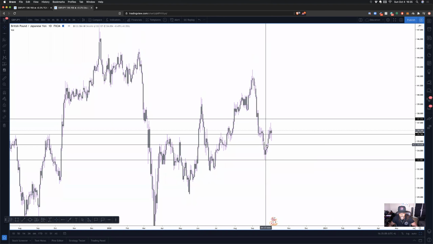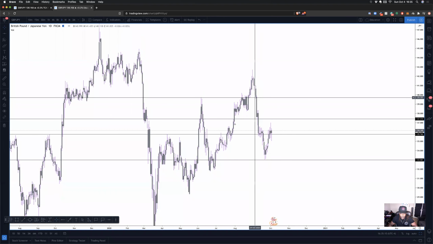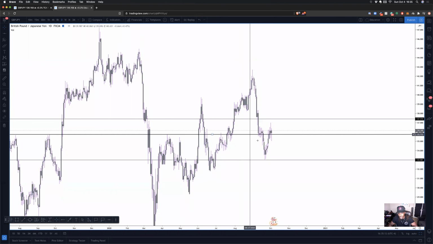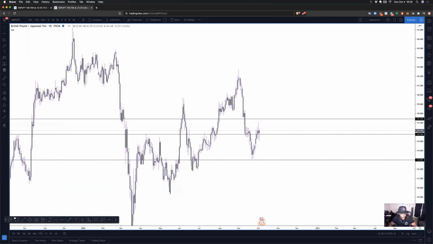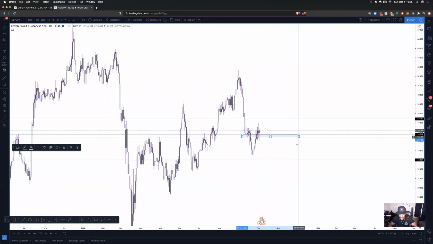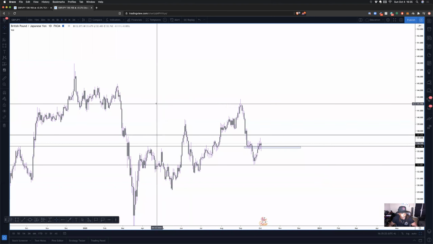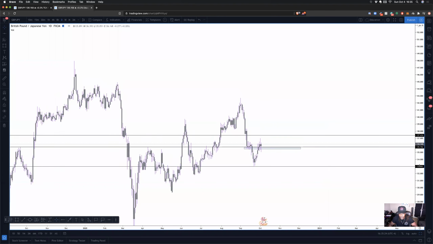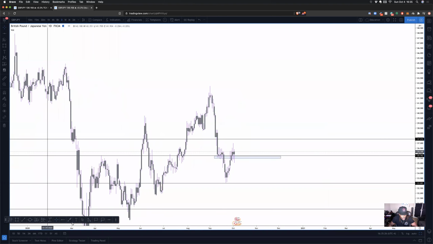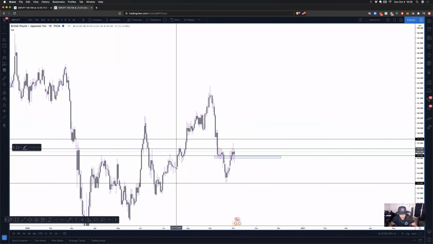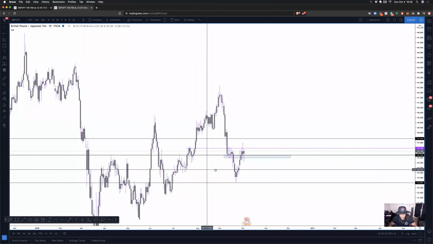So now we can say, okay, price broke up trend structure on the daily, but we have support in here.